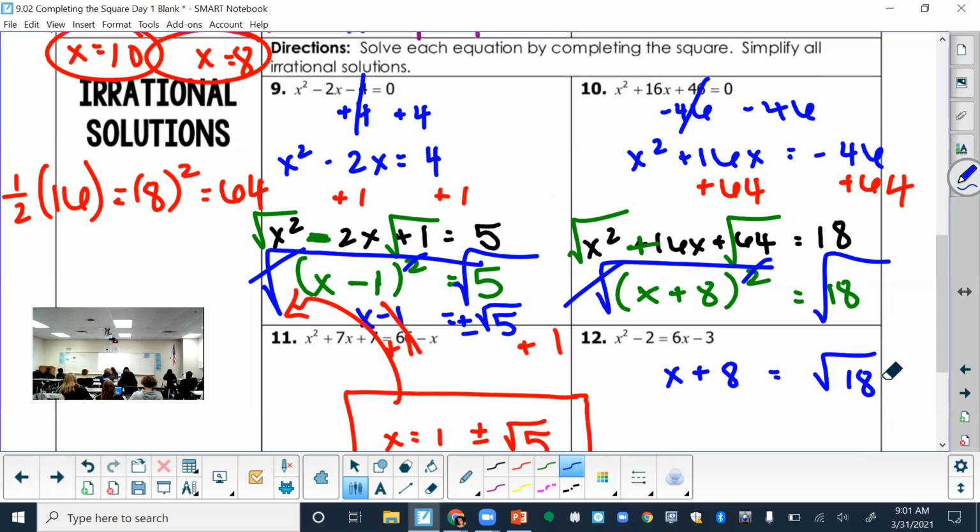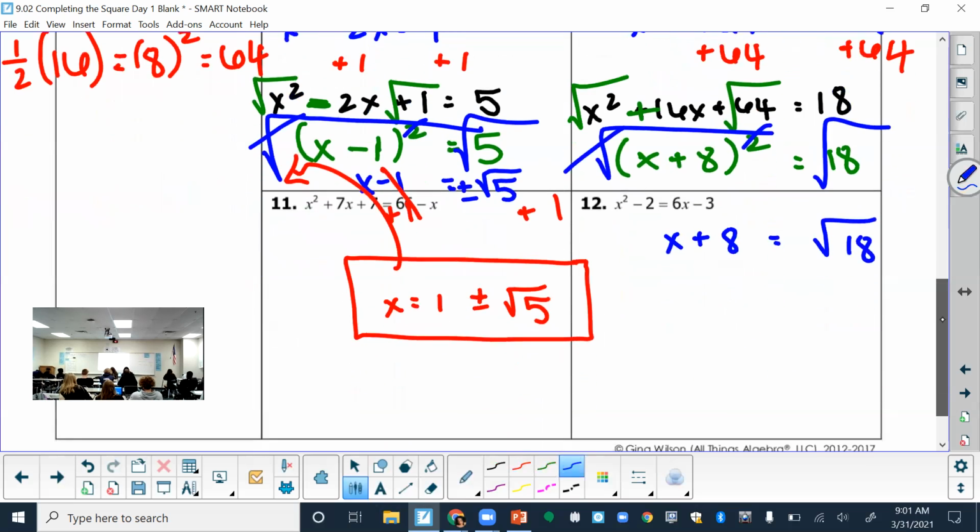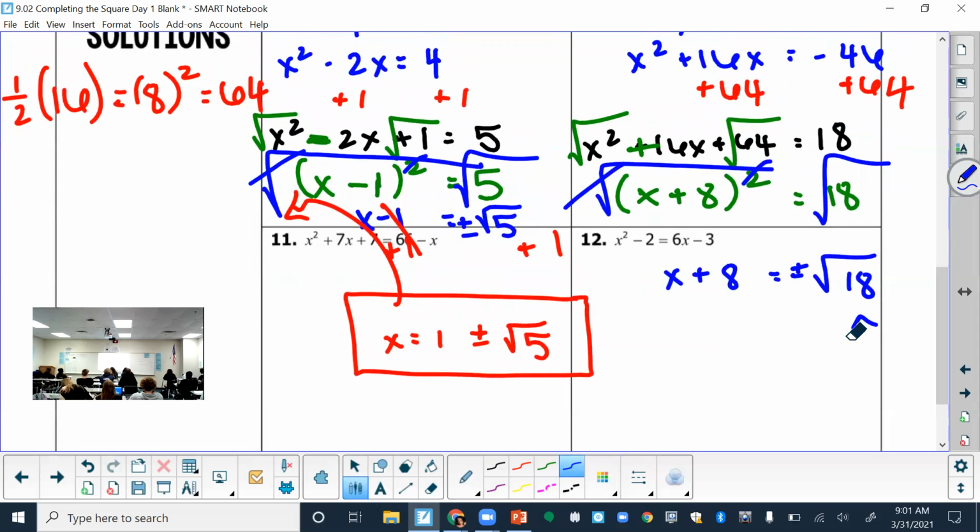Now, is that a perfect square? No. So what I need to do is make my factor tree. What numbers multiply to give me 18? Are they both prime? So 6 can be broken down into, and I'm looking for pairs of the same number. Remember, you need a partner to escape from jail. So a pair of 3s.